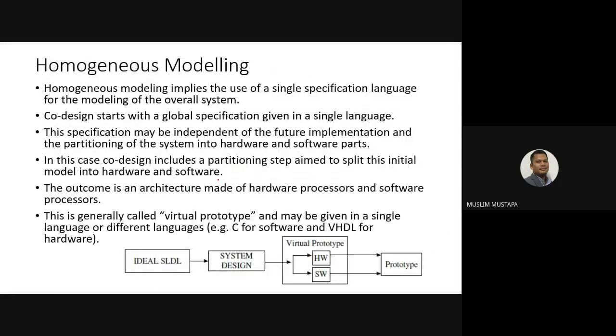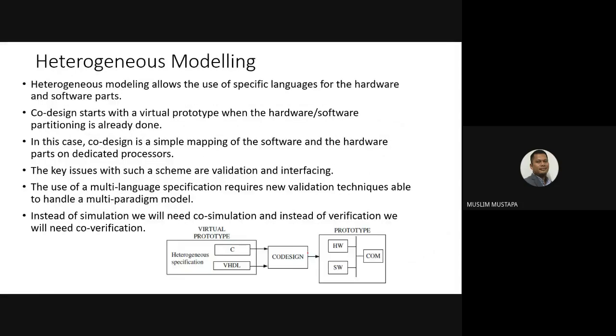So in the homogeneous spec, you do the design first using one language until you go into the virtual prototyping, then you use different languages, for example for hardware and software. Whereas for heterogeneous, in the beginning you are not using this spec design language anymore.